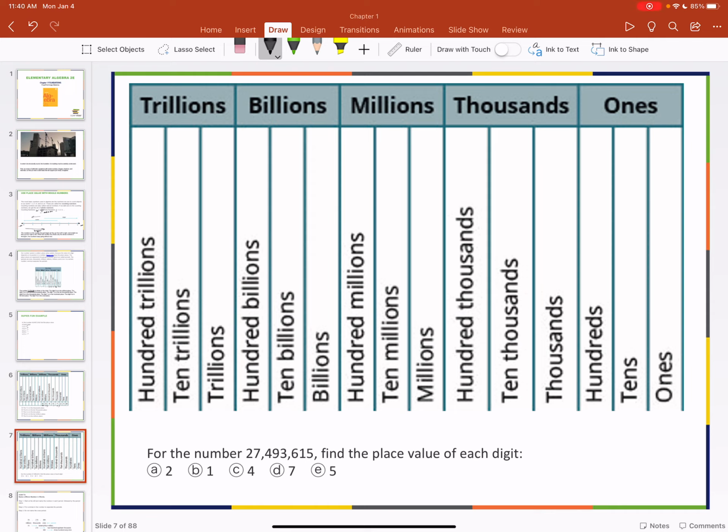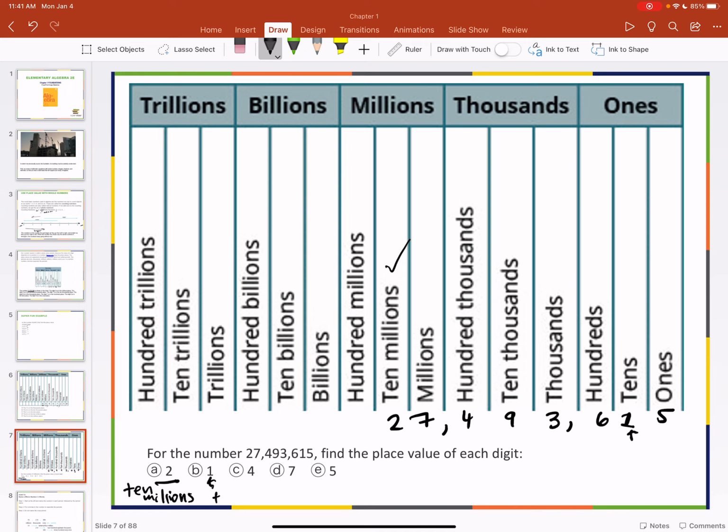Okay, so let's go ahead and write this number out. This is going to be 27,493,615. If we use a chart like this, it's very easy to see. This is a 1, by the way. The 2 is in the 10 millions place. So if you wrote that, you were correct. Then the 1 is in the tens place.